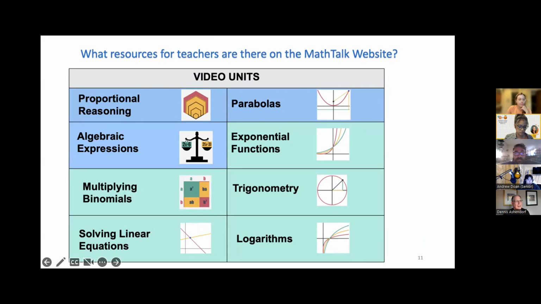This project has taken place over 2 NSF funded grants, and we are currently in the process of filming or plan to film 5 units. So we have in the can, as they say, an exponential functions unit as well as a logarithmic unit. Those should be on the website in the coming months, but as of now, we just have the 3 units in blue.